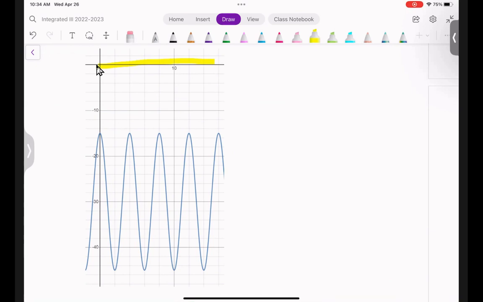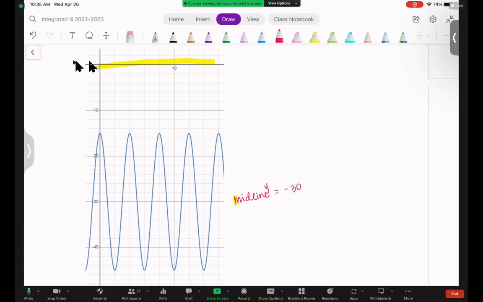A bunch of people said it, so I'm going to write it right here. The midline is equal to -30. I should put y equals -30. And how do you know that, Ms. Johnson? Because look, the middle of that graph is hitting around that y equals -30 line.